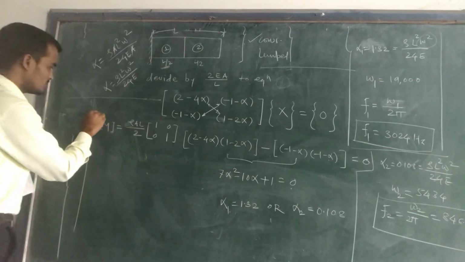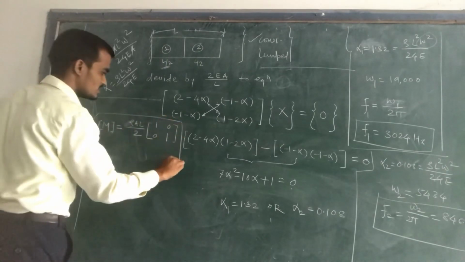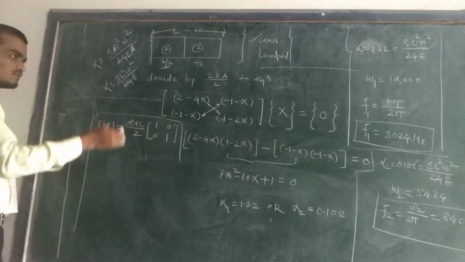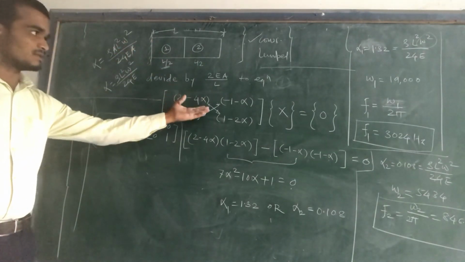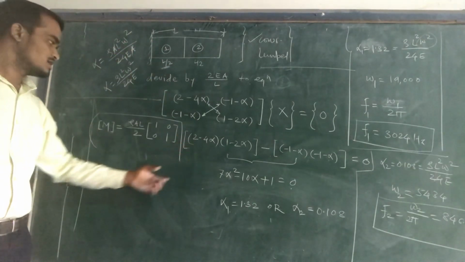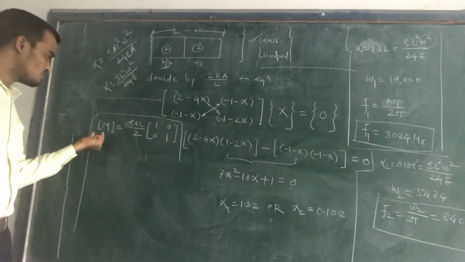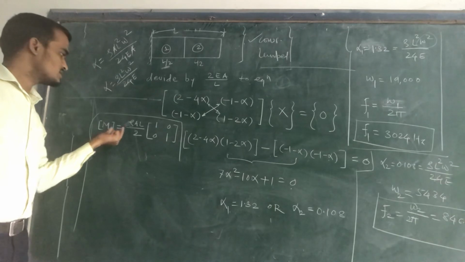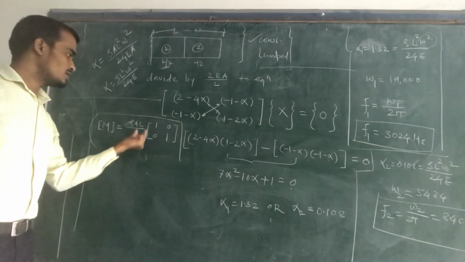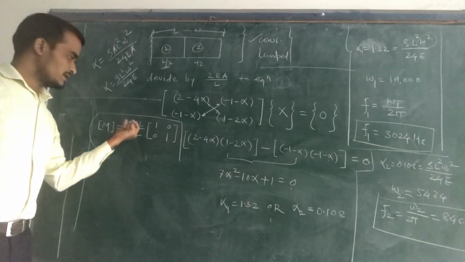So you only need to change this mass matrix and follow the same procedure as in the first method, that is, for the consistent mass matrix system. First determine the mass matrix for the lumped mass matrix system, which is given by rho into A into L by 2 into 1 0 0 1.